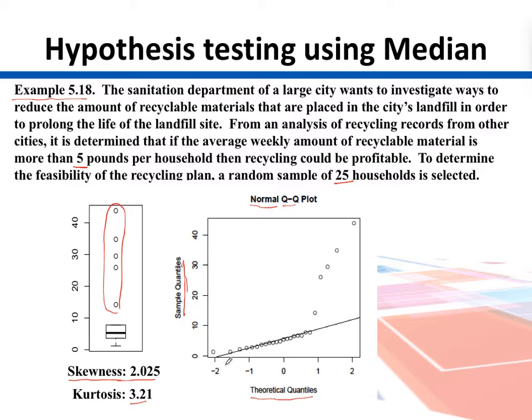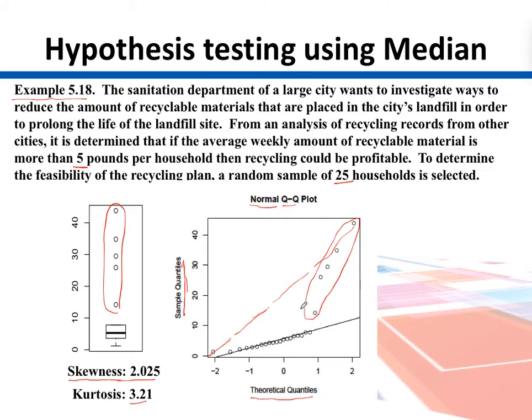We have theoretical quantiles on the x-axis and sample quantiles on the y-axis. A perfect normal distribution should be a straight line over here, and all data points should be on that straight line. Here the straight line is there, but it's relatively low, and there are many data points that are off from this straight line, so the data set seems not normal.